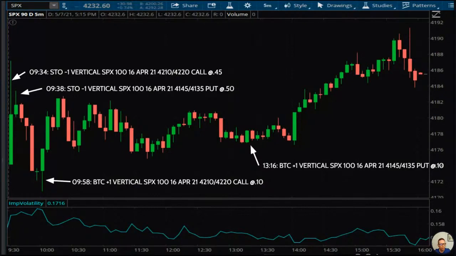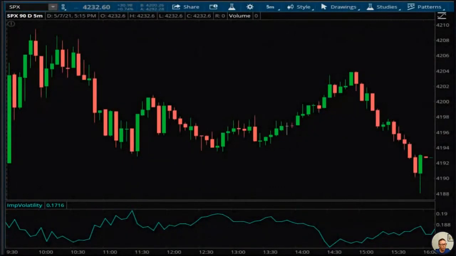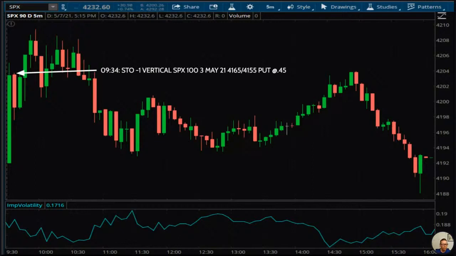I think I have one more, actually. I do. I have one more. Okay. So in this trade, I put on a put spread at 45 cents, and then I added again another put spread a little bit lower to get in 2 positions.